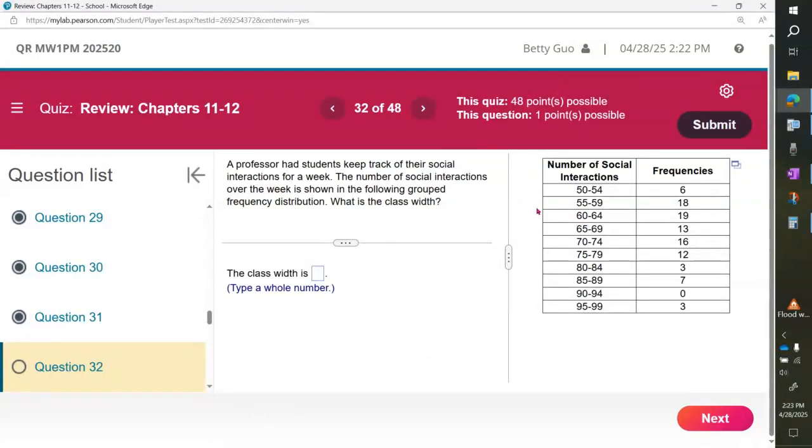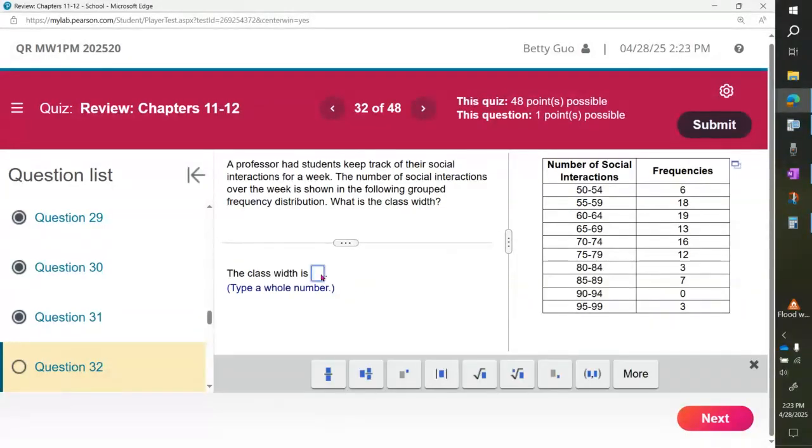Look at it vertically. The first lower limit is 50, the second lower limit is 55. Distance is 5. From 55 to 60, and from 60 to 65, the distance is 5.